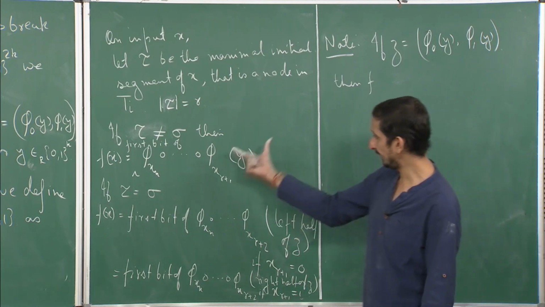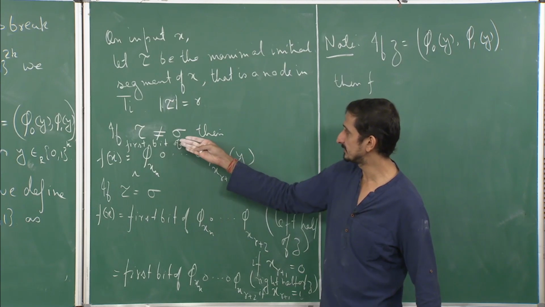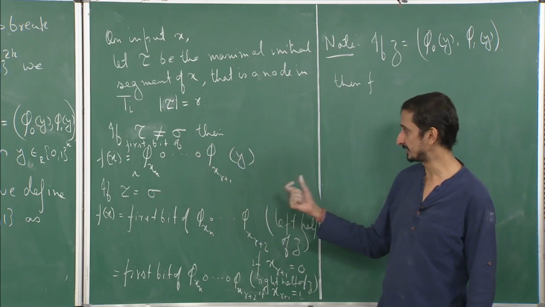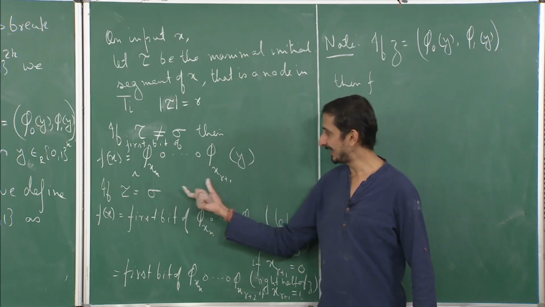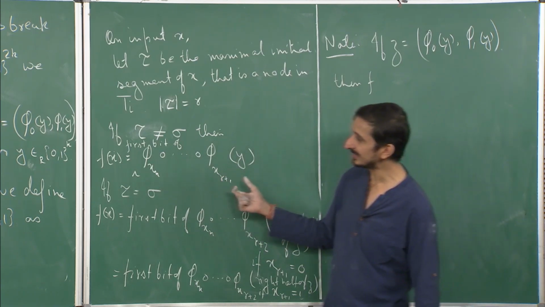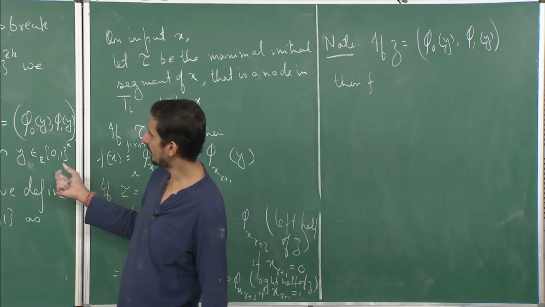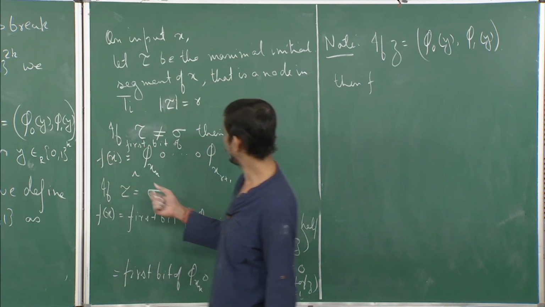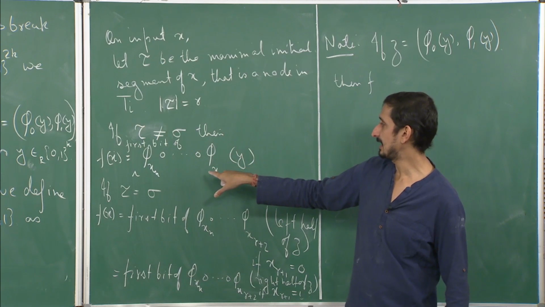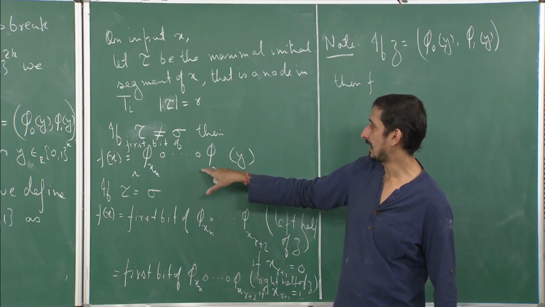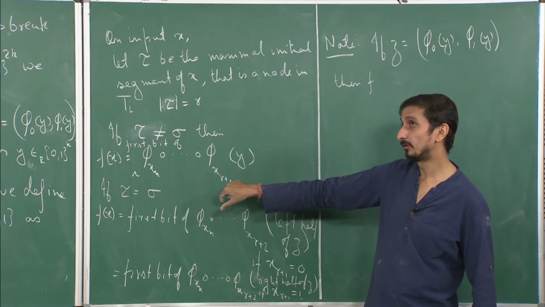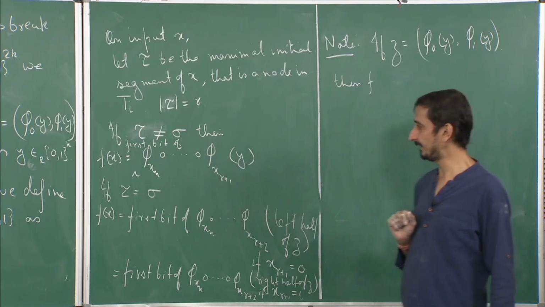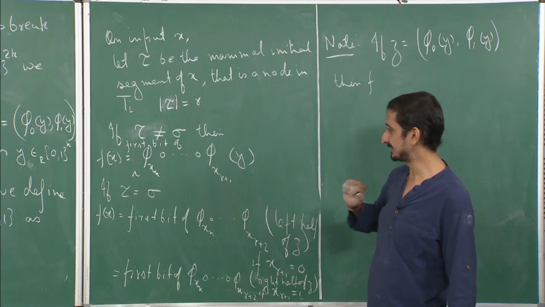There are two cases, tau not equal to sigma and tau equal to sigma. Looking at the first part, if tau is not equal to sigma, then f is basically psi i of y, the same as that.